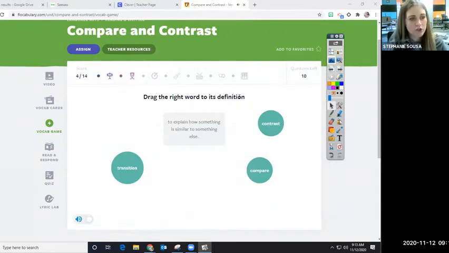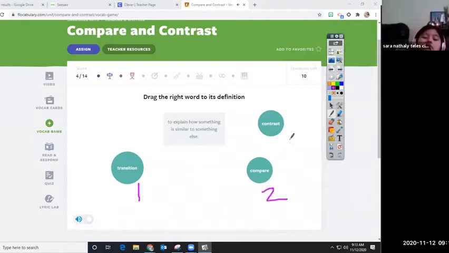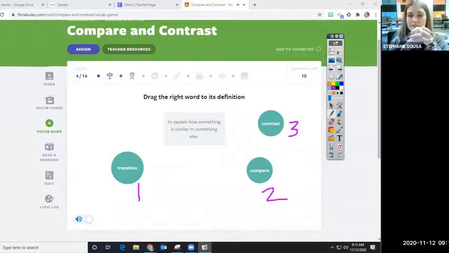Drag the right word to its definition. To explain how something is similar to something else. If you are going to say how something is similar or the same, are you transition? Are you compare? Or are you contrasting those items? Saying how they are the same.